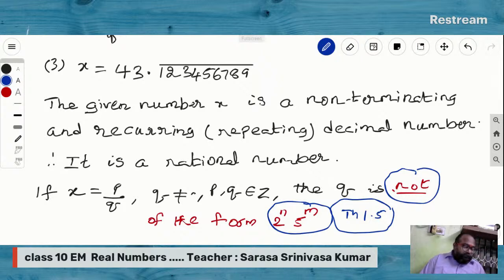Now we study about irrational numbers. Next concept is irrational numbers.